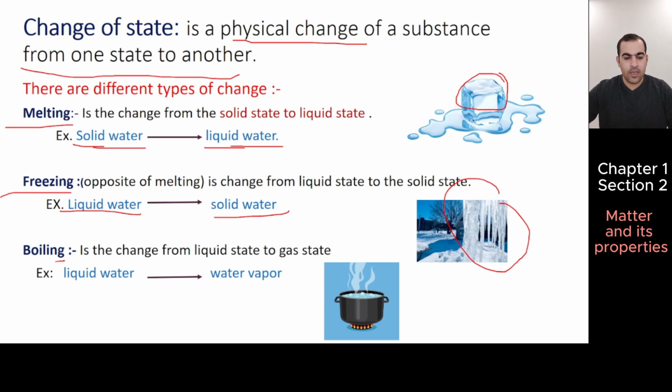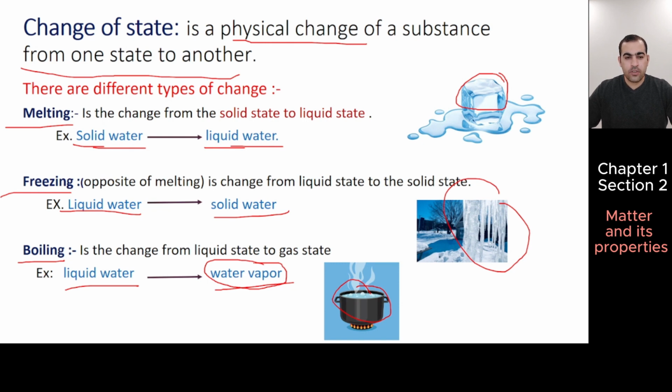Boiling is a change from the liquid state to the gas state, liquid water to water vapor. When water changes to gas, we call water in the gas state water vapor. Okay. So these changes, vaporization, condensation, sublimation, which is not written here, are also changes of state.